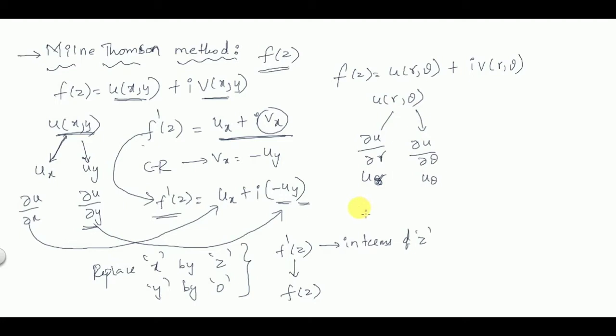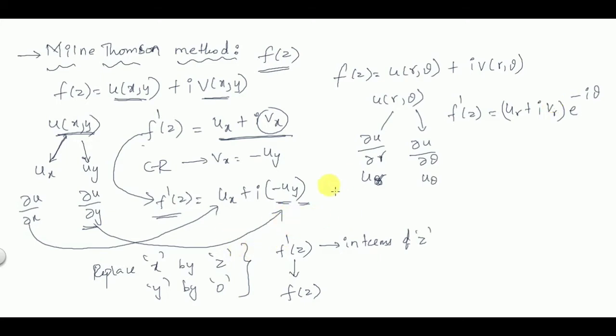We know that the f dash of z formula is ur plus i into vr, into e power minus i theta.